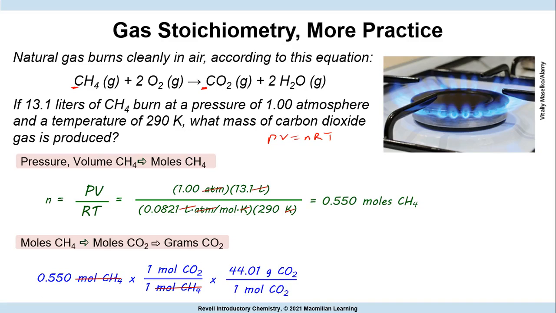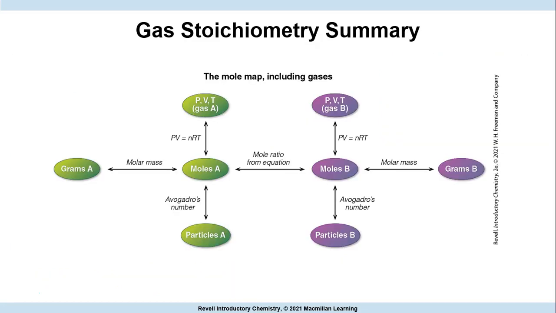Remember, to calculate the molar mass of carbon dioxide, you use the masses of carbon and oxygen in the periodic table. We already saw that in chapter 7. So this gives us a value of 24.2 grams of carbon dioxide.